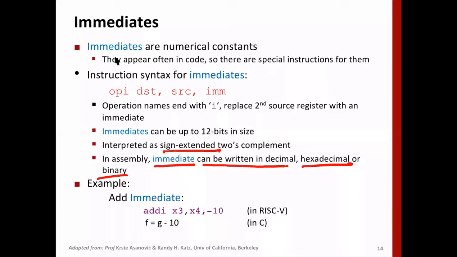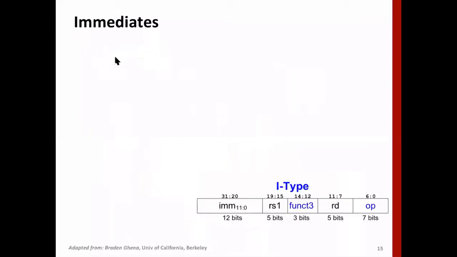So we can write addi x3 x4 -10, which is perfectly fine, or instead of -10 any other number, say hexadecimal 0x whatever. It is your choice. This is equivalent to f = g - 10 in a higher level language, where g is mapped to x4 and f is mapped to x3. All right, so let's move ahead.